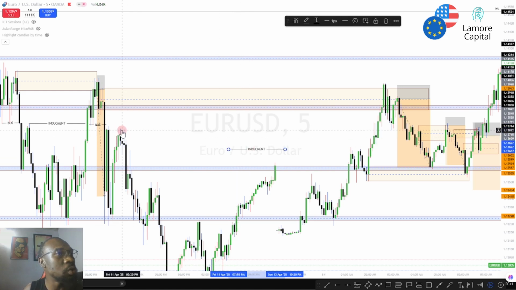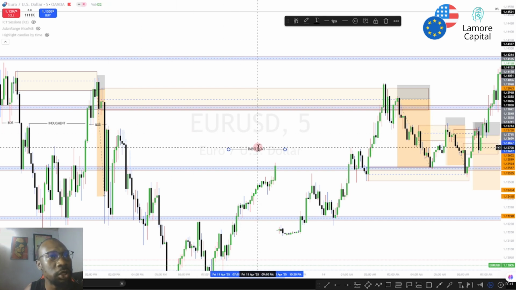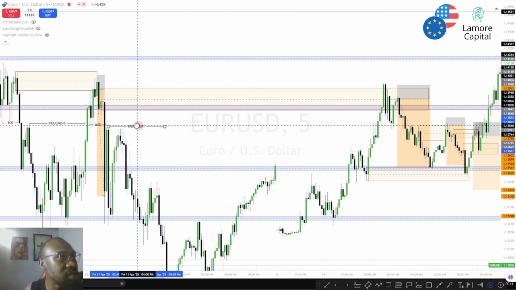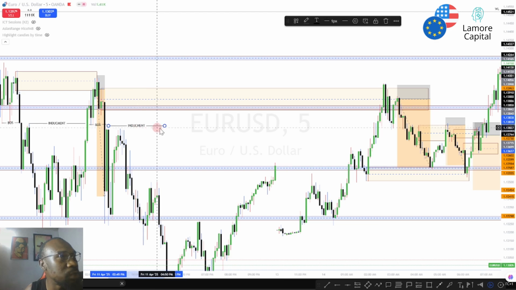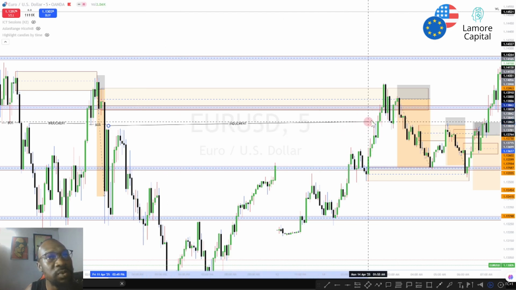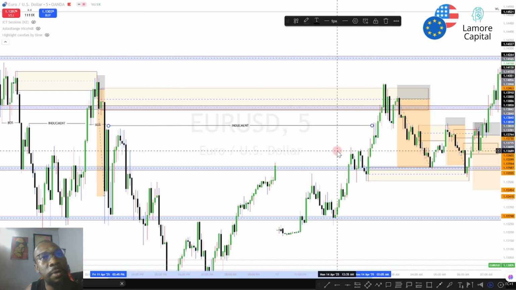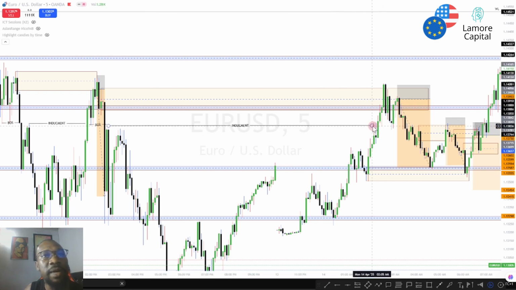So this particular wick or this wick, which one would you call your inducement? Okay, so now let's use the extreme inducement here, this extreme pullback, this particular first pullback. Now, when we extend it to the right, what happened? The moment the market gets to this inducement zone, immediately we saw a candle down.